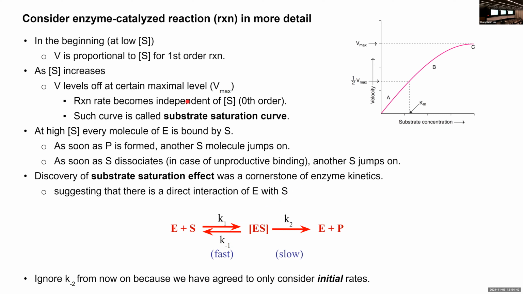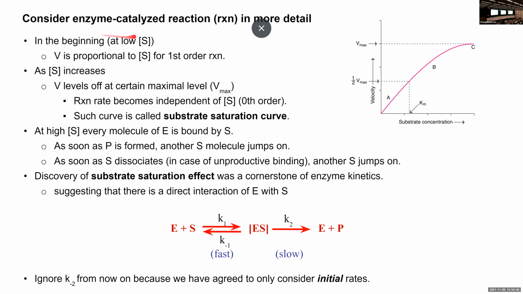So let's think about this and discuss this enzyme catalyzed reaction in more detail. We already talked about this substrate saturation effect, or the curve too. So basically, this is called the substrate saturation curve, because you can see how substrate concentration affects the rate of the reaction.